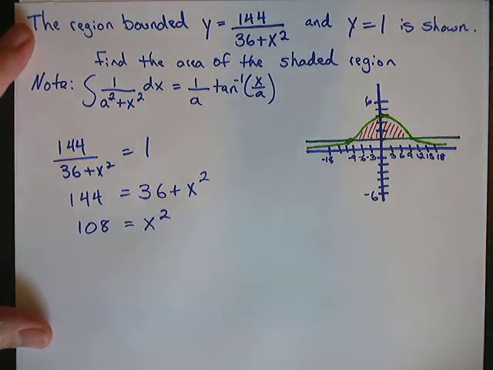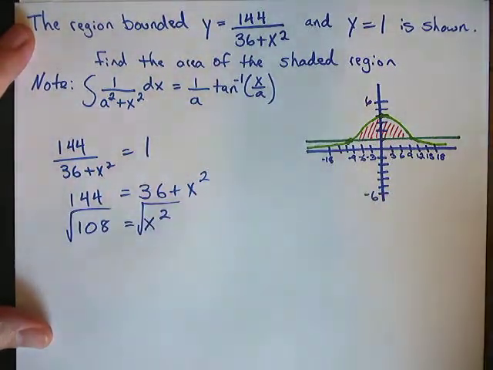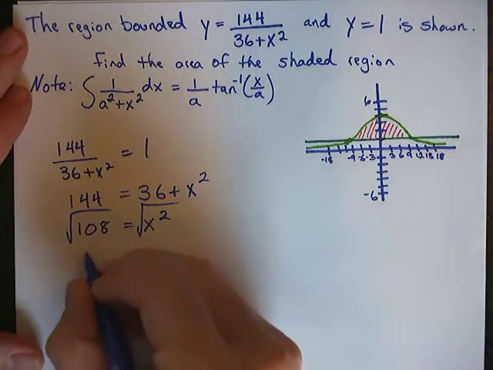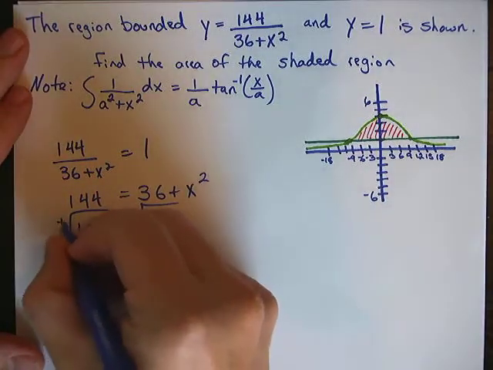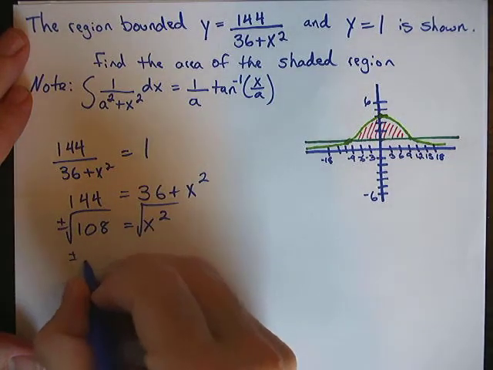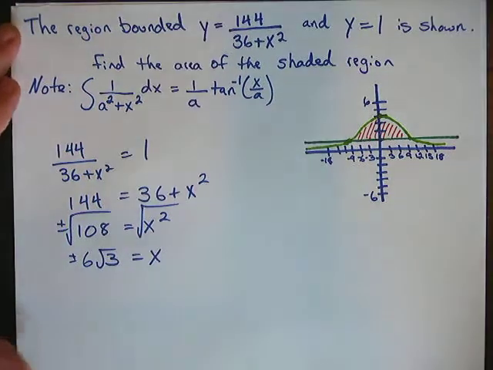If we take the square root of both sides, the square root of 108 reduces to 6 square roots of 3. Remember plus or minus when you take the square root of both sides. So plus or minus 6 square roots of 3 will be our intersection points, which are our lower and upper bounds on our integral.